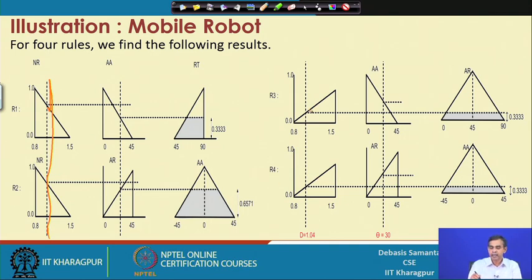So this is NR and this graph is for FR, this is for FR and this is for FR, and this is the angle of orientation like this.